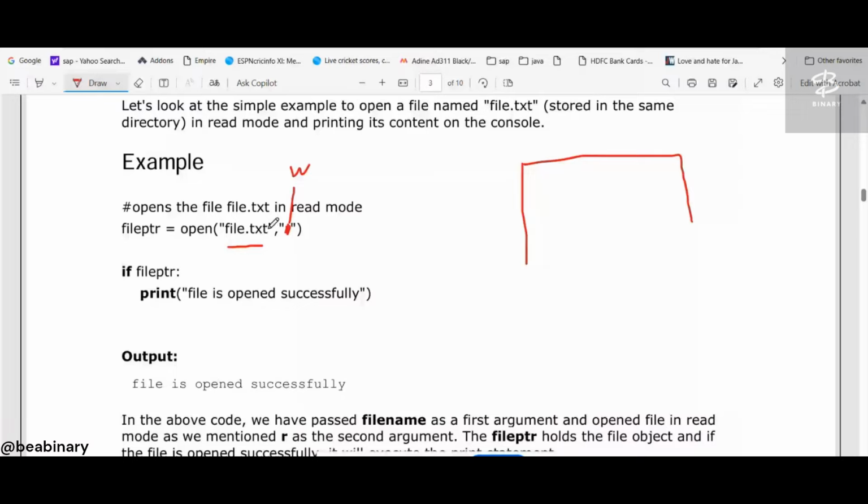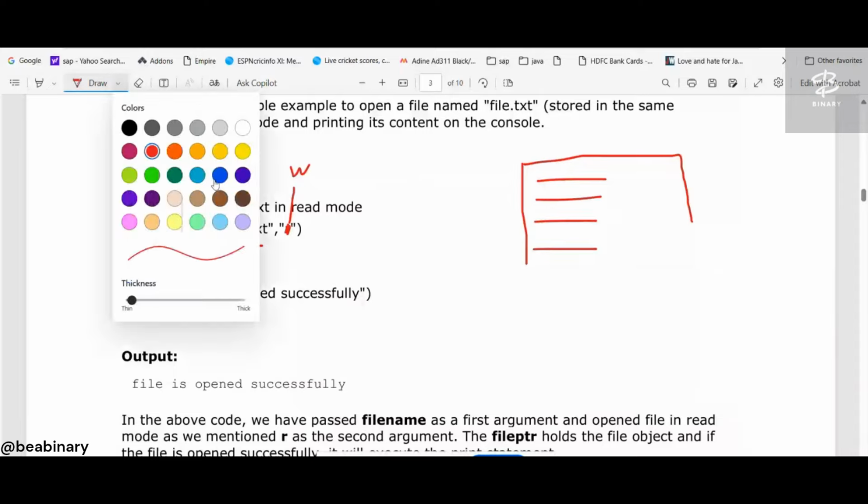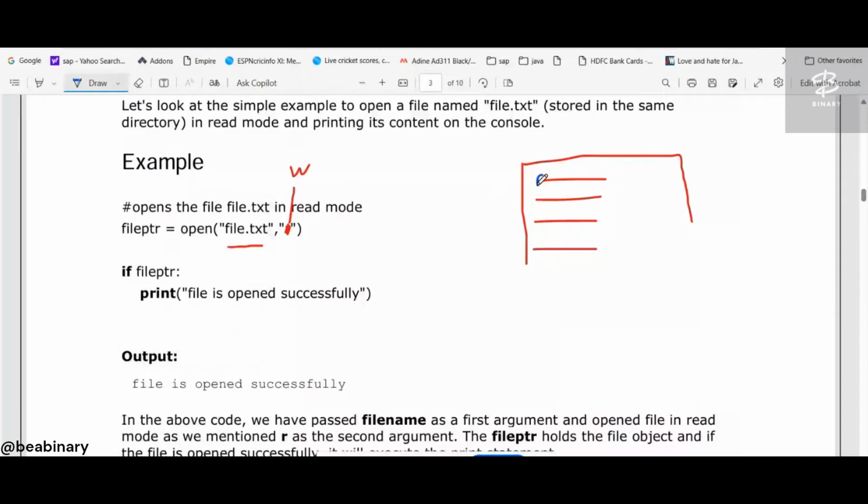If it already exists, for example, there is a file already there and it has four lines, 1, 2, 3, 4, and you open the file in write mode, then the cursor will point to the first position, and because you are going to write something on the file, you will overwrite the previous content.